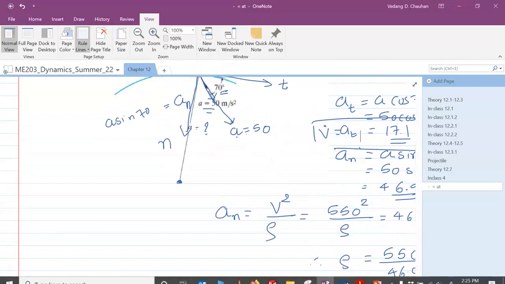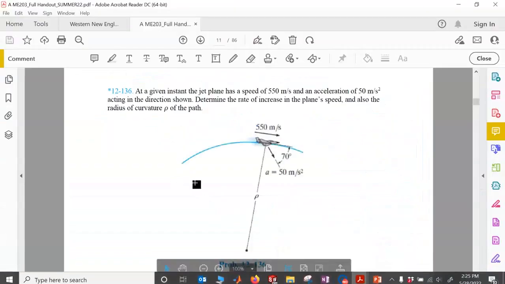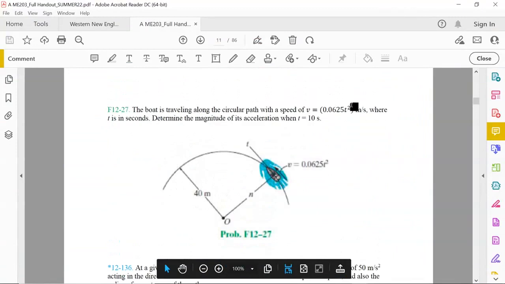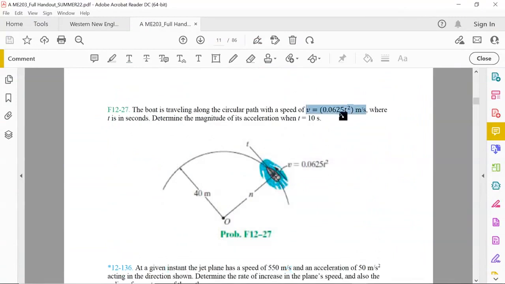And this problem that we haven't discussed here, where velocity is given as a function of time for the boat, and we need to calculate the magnitude of the total acceleration of the boat when time is 10 seconds. So the normal tangent coordinate system is defined for us. So first step is you calculate the speed of the boat when time is 10 seconds by substituting t equal to 10 in this equation. That gives us the value of v. Then next step is you take the derivative of v relative to time.